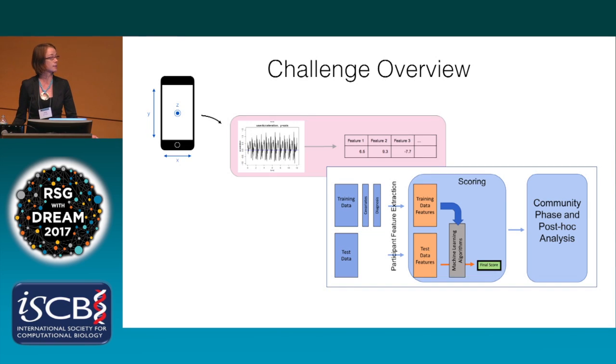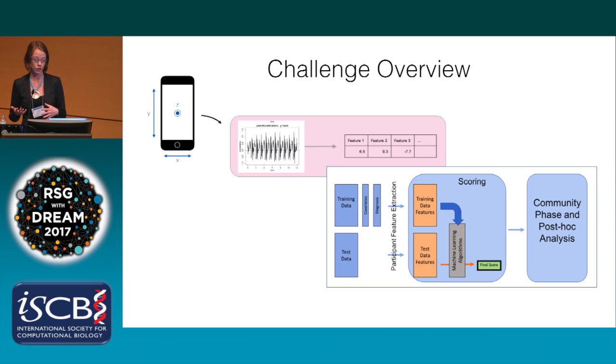So in this case, for both sub-challenges, we had a training and a test data set. That's pretty standard. We actually had participants submit extracted features on both the training portions and the test portions.